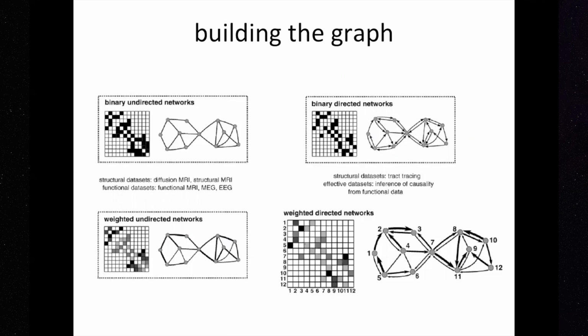And if you have really advanced data sets, let's say effective data sets where you can make inference of causality from functional data, you could also have weighted directed networks. Obviously the load of information is highest for those networks, the weighted directed networks. But most of the time we are fine with analyzing weighted undirected networks.